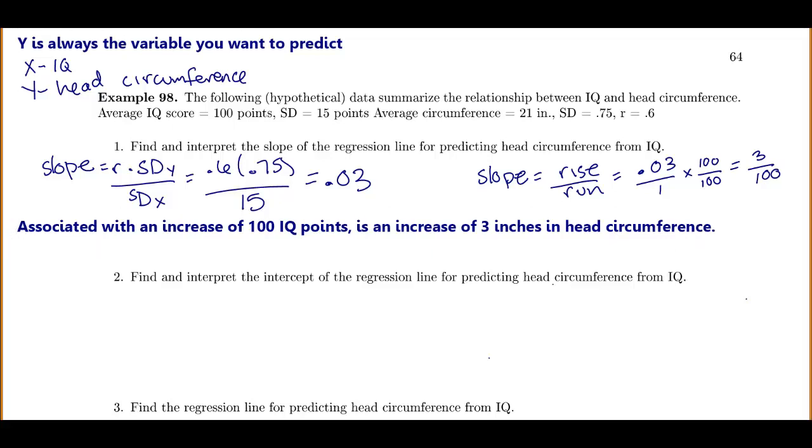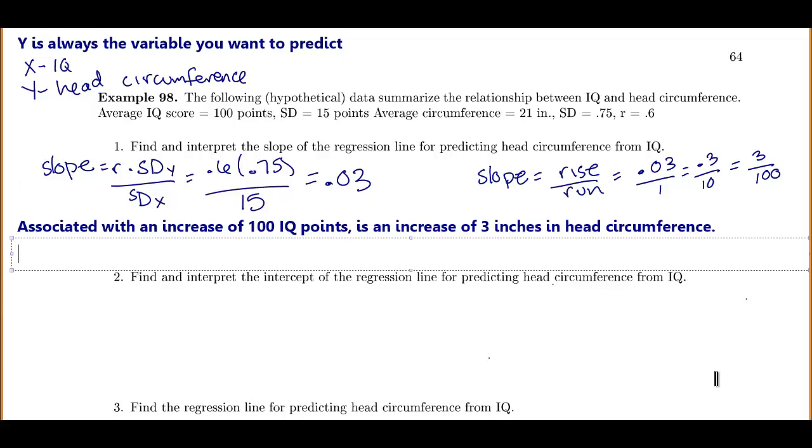Or for our slope, instead of multiplying it by 100 over 100, I could have maybe just multiplied it by 10 over 10, so this could have been 0.3 over 10. So we could have done 0.03 over 1, or 0.3 over 10, or 3 out of 100. Any way you want to do it, that works. I'm going to write it another way.